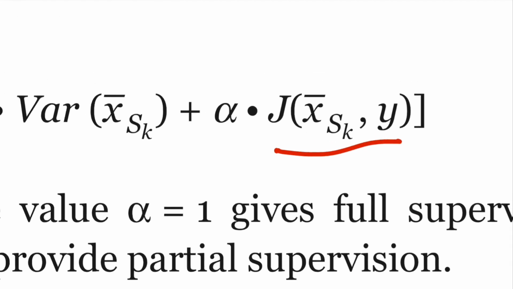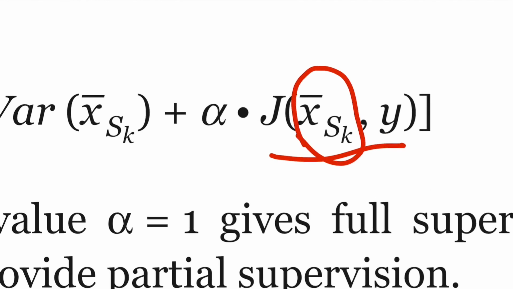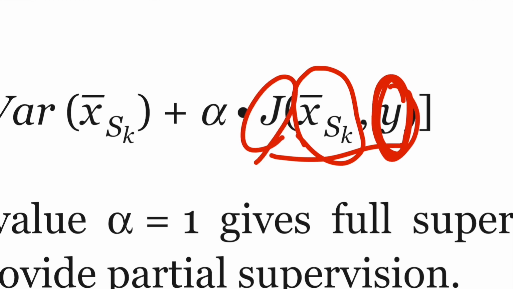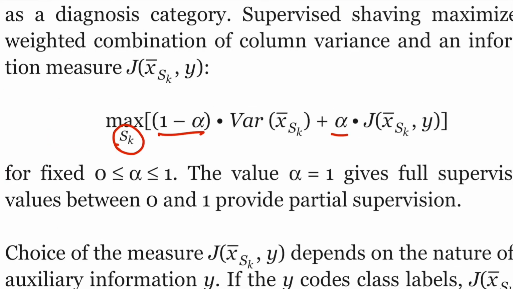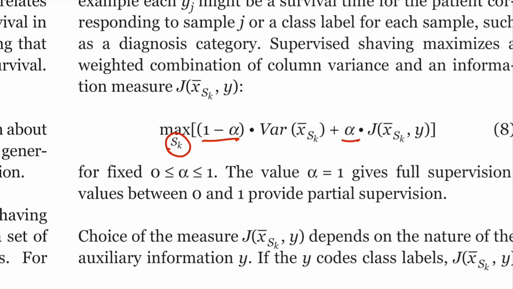To me, it's not super clear how this J function is computed, since one is a vector and the other is a class, another vector of labels, but imagine it as a loss of how predictive your clusters are for the class label. And of course you take this and add a hyperparameter. I don't like hyperparameters, but many times they're necessary.